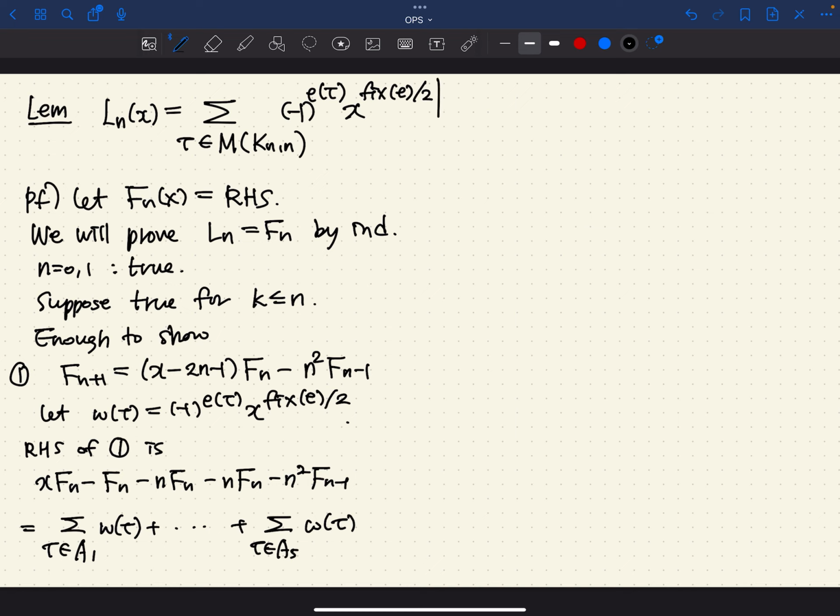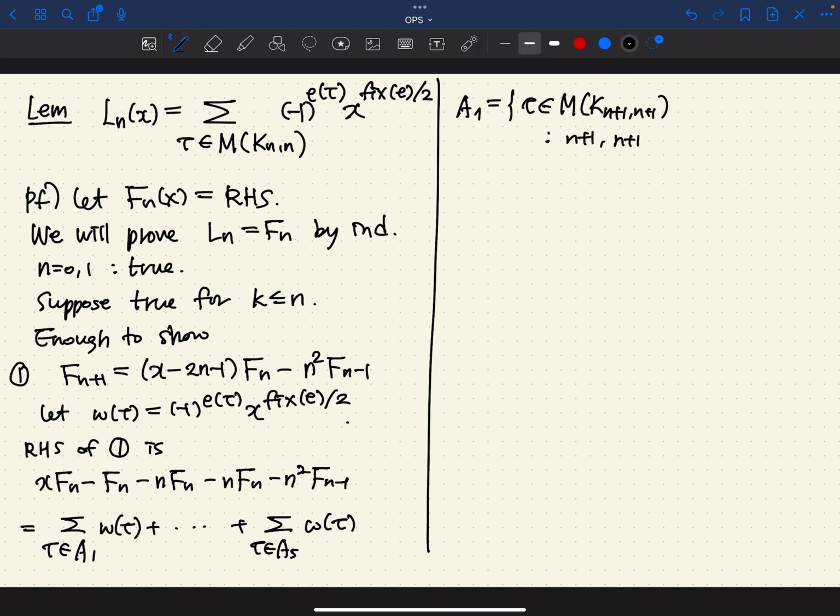Here, a1 is the set of all matchings in the K_{n+1, n+1}, where n plus 1 bar is a fixed point in tau, of course.